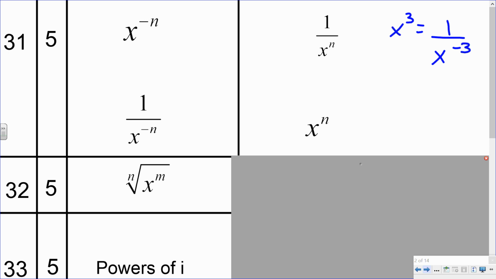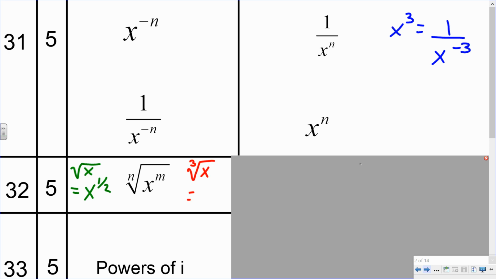For the next one, before we worry about both the n and the m, what would we do if we just had the square root of x, and we wanted to write that with an exponent instead of a square root sign? Does anyone remember how we would do that? Mia? It would indeed be x to the 1/2. What if it were the cubed root of x?